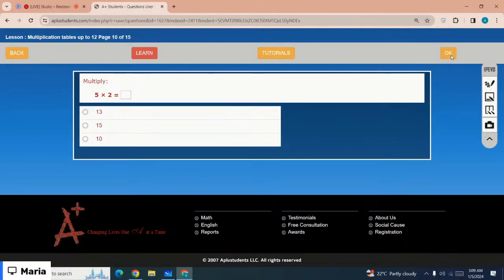The next one is multiply 2 times 5 or 5 times 2. Which is the correct option?